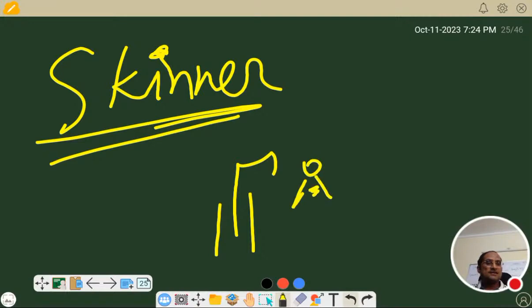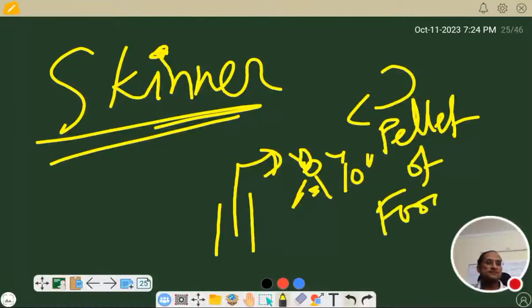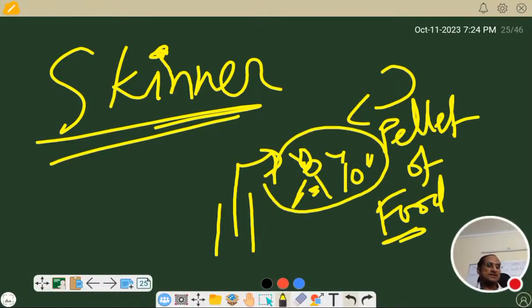A lever was there. The rat was supposed to press it a defined number of times, 10 times. Then a food pellet dropped. After so many trials, the rat learned that it has to press the lever this number of times, then the food pellet will drop. This is called operant conditioning.